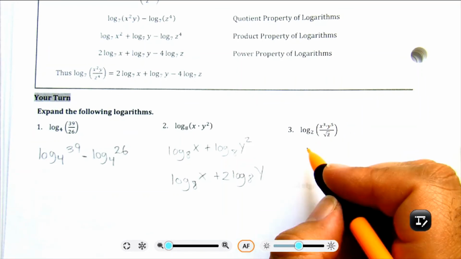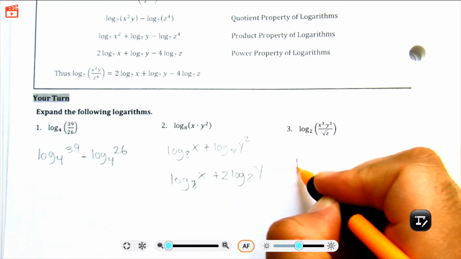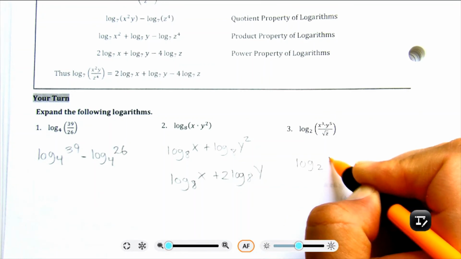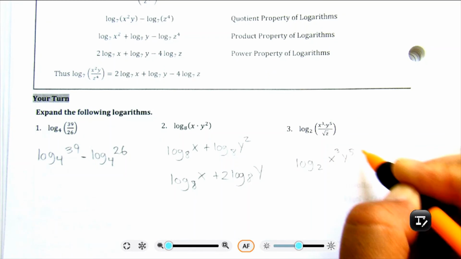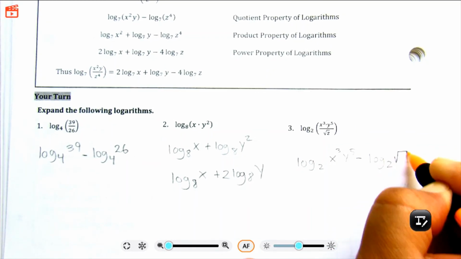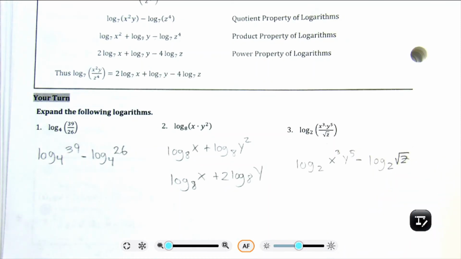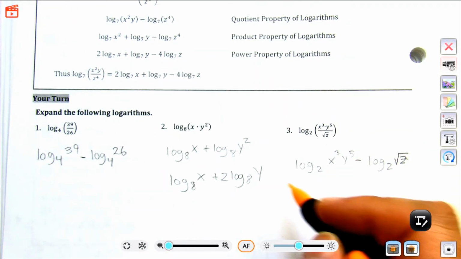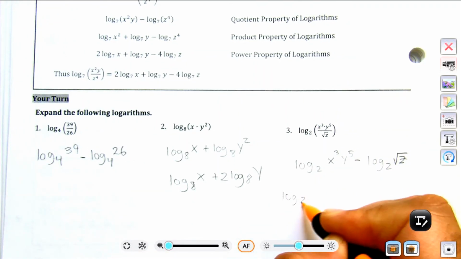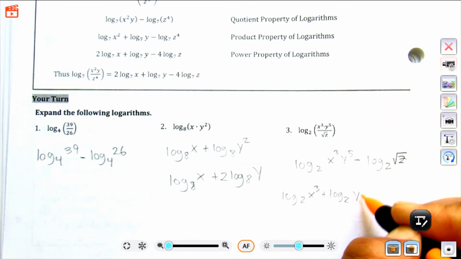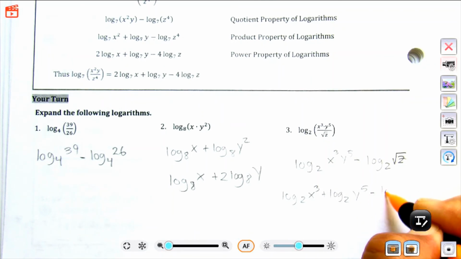So we're going to have log 2 of x^3 y^5 minus log 2 of square root z. Then we're going to use the product property here. So then we're going to have log 2 x^3 plus log 2 y^5 minus log 2 z to the 1/2 power.